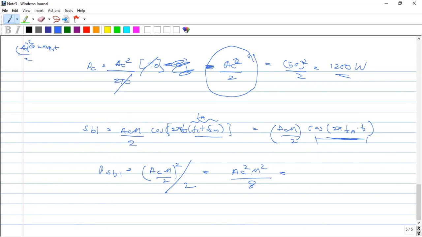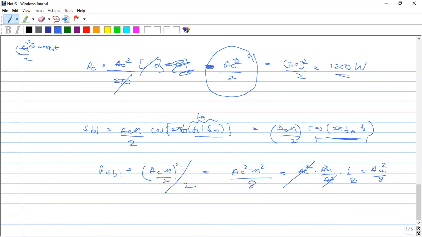So what is this mu? Mu is Am by Ac, and it should also be squared. Here the 8 is there. So you can see that Ac cancels out. You will get Am squared by 8.